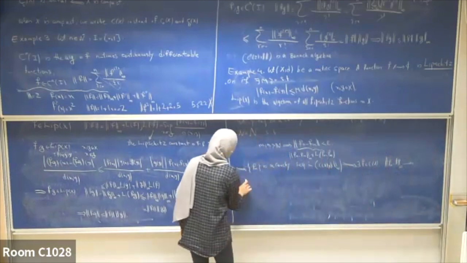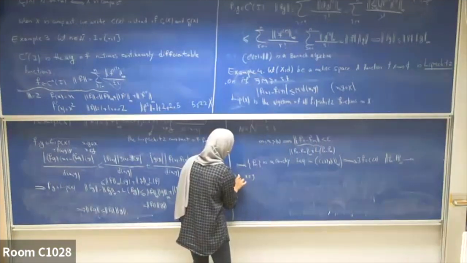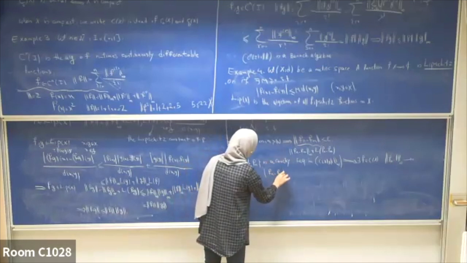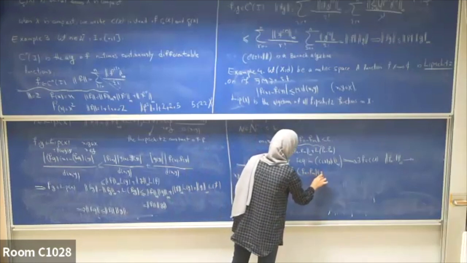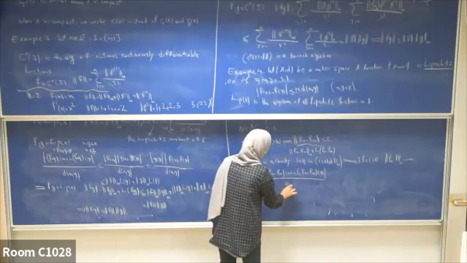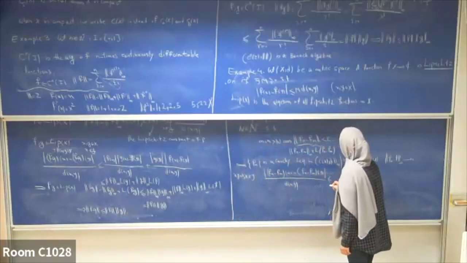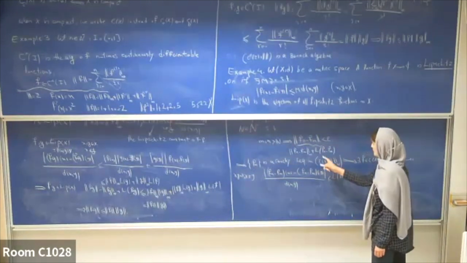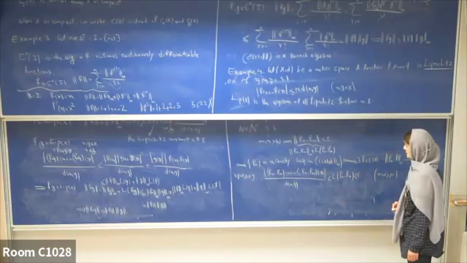For any test points x and y in X, we can say that (f_n minus f_m)(x) minus (f_n minus f_m)(y) over d(x,y), according to the definition of the Lipschitz constant, is at most L(f_n minus f_m), and we know that this is less than epsilon when m and n are greater than N.